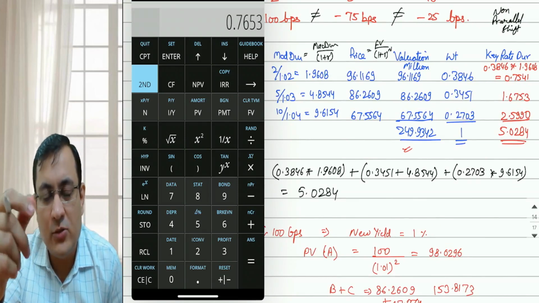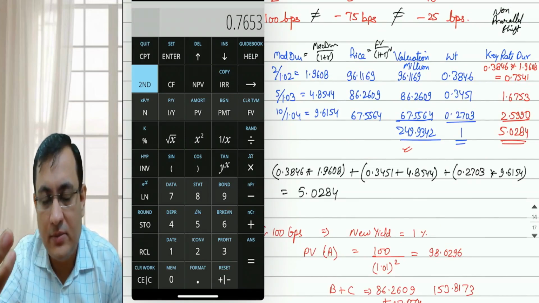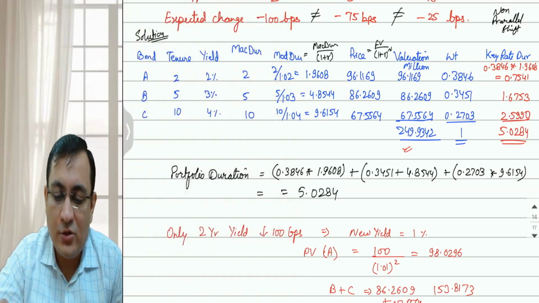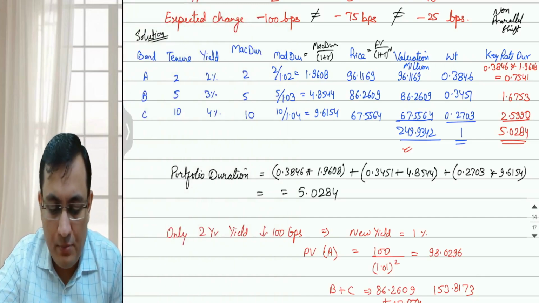That slight difference is because of the convexity effect. In key rate duration, we are not going for convexity calculation, only duration calculation. So we can do this for bond B also.